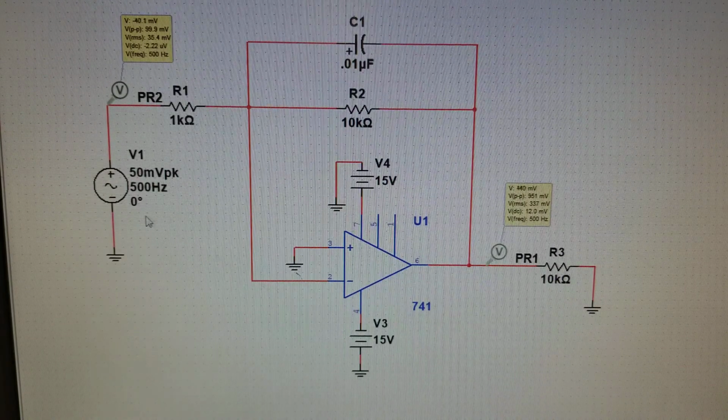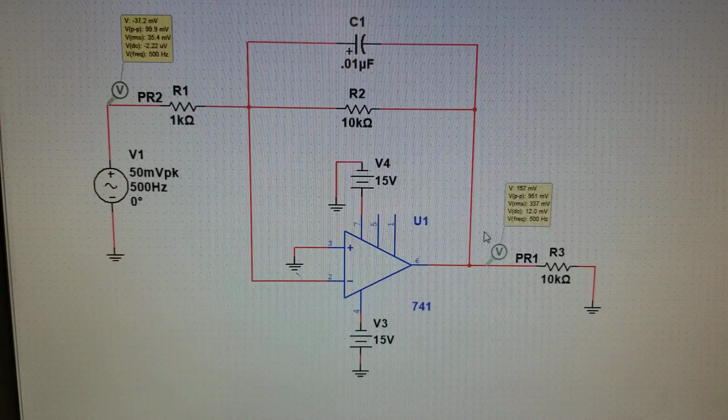So I've changed the input frequency to 500 hertz. You still see that we have about 100 millivolts in our input, but we're down to 950 millivolts in our output. So you need to fill out your voltage gain and your voltage gain in dB.